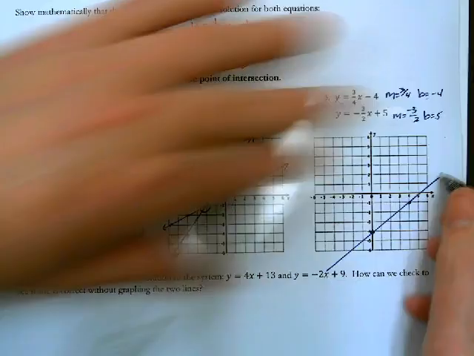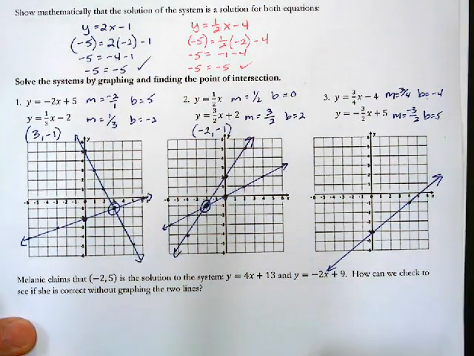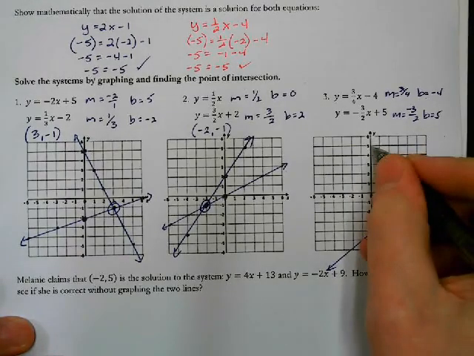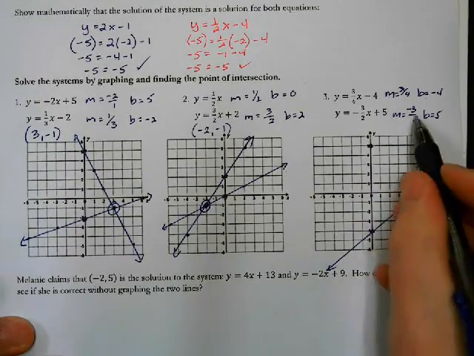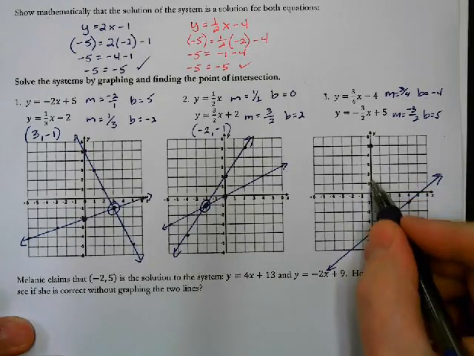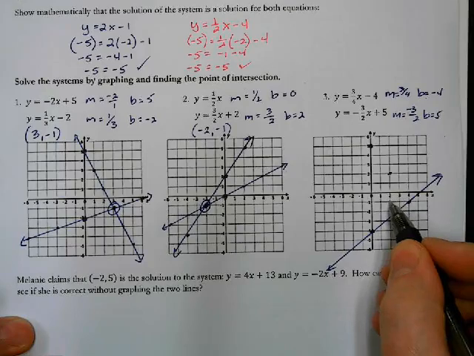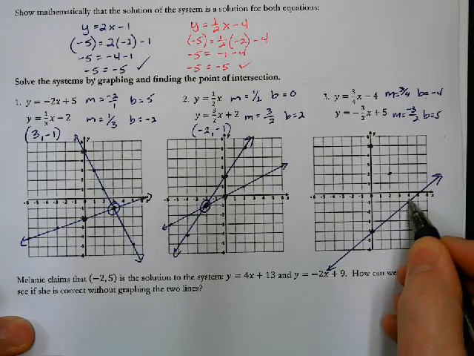There's the first equation. Second equation, y-intercept of 5. This is going to go down 3 and right 2. Down 1, 2, 3, right 2. Down 1, 2, 3, and right 2. There we go.